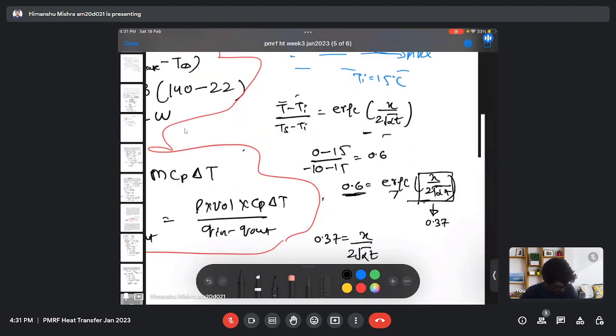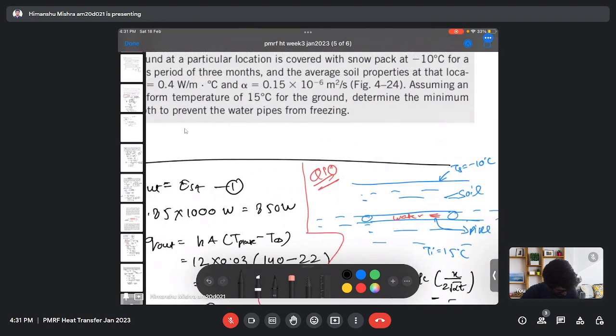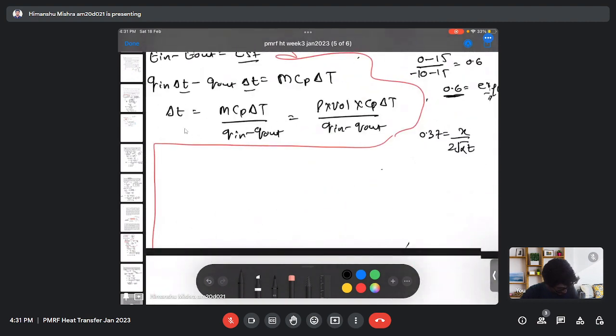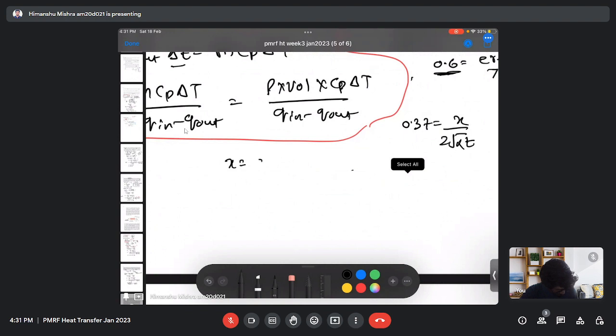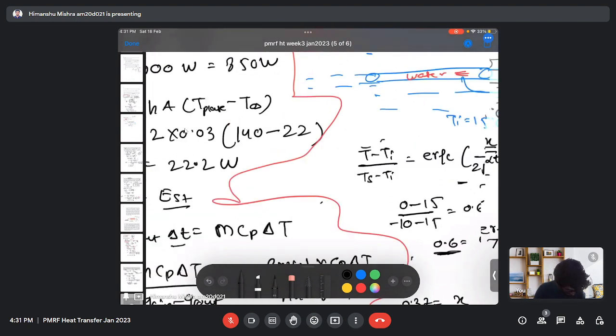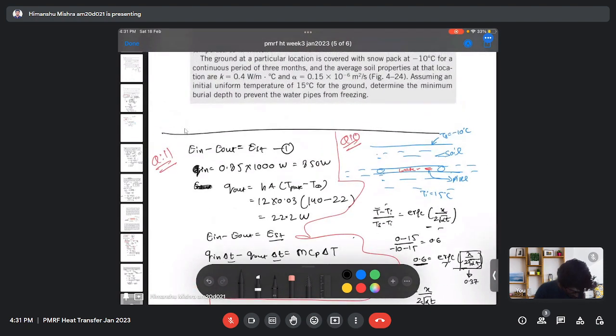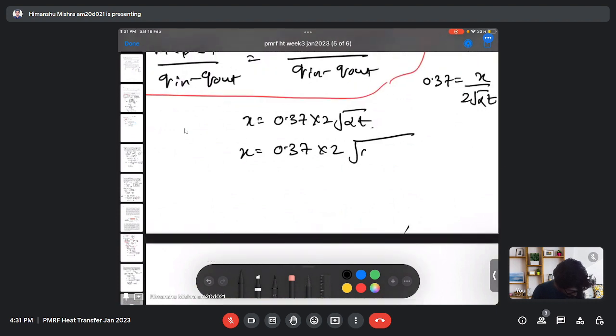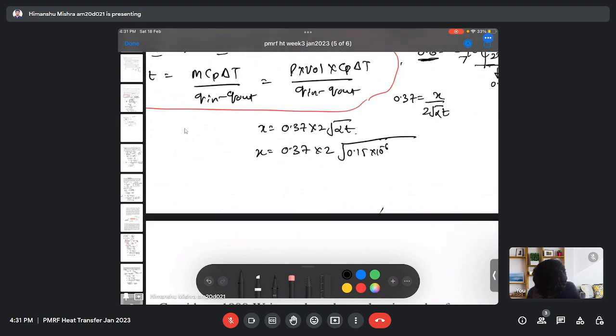And we need to calculate the depth, which is x. My thermal diffusivity is 0.15 × 10 to the power minus 6. Okay.